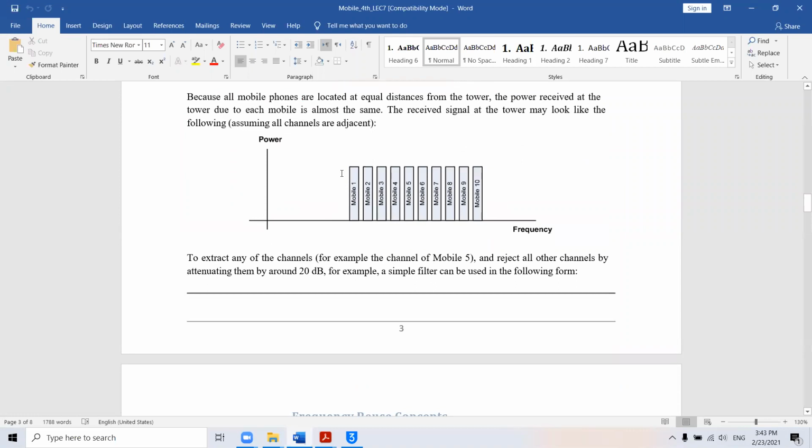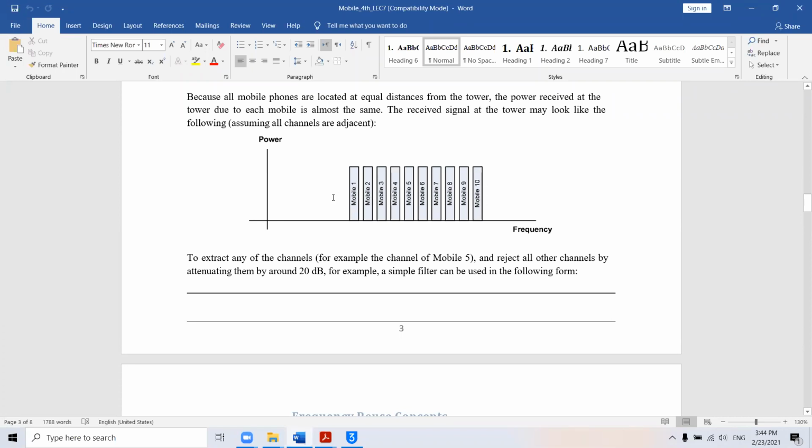Now, the magnitude spectrum of the channels at the tower end will be as follows. The y-axis represents the power received and the x-axis the frequency, I mean channels. Look, mobile number 1, 2, 3, 4, 5, up to 10.